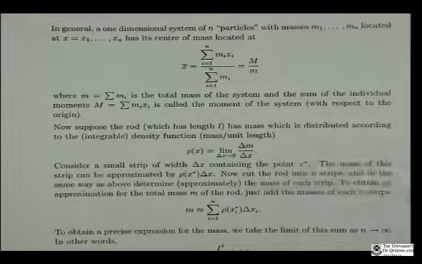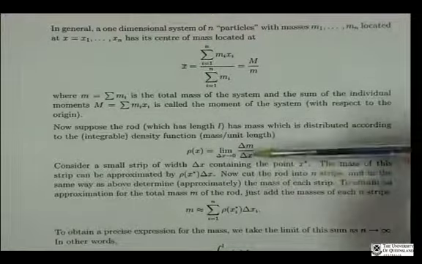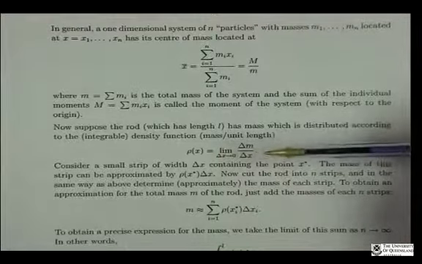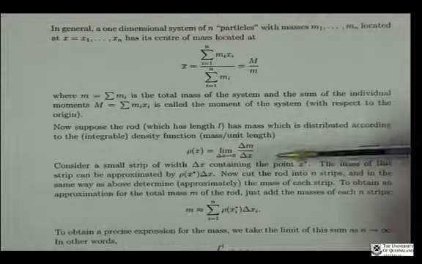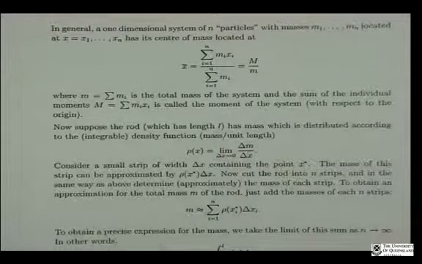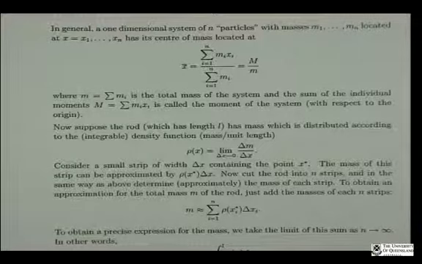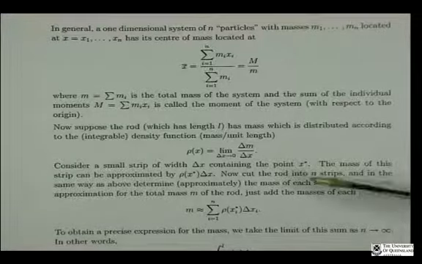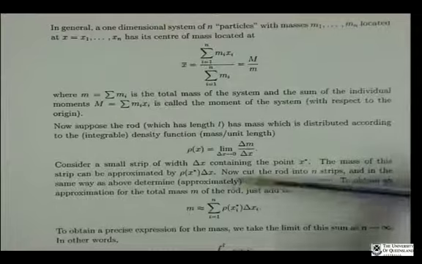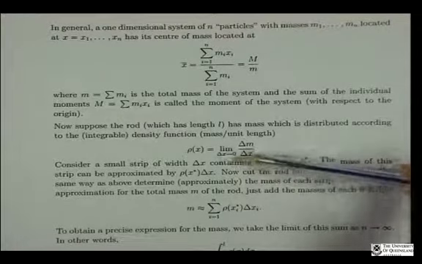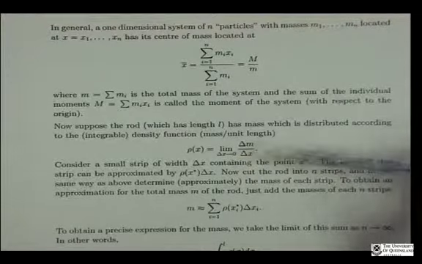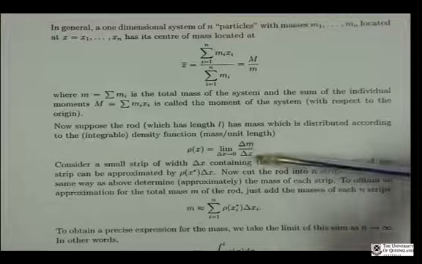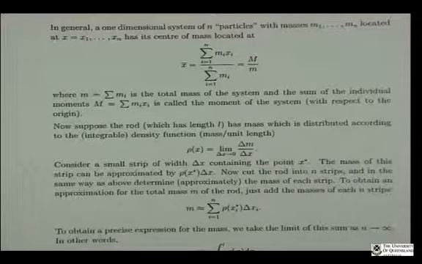Or in other words, you might think, okay, I understand constant density, but in one dimension here it's just the mass divided by the length. But we're not restricting ourselves to objects of constant density in this case. All right, so what that means is we take the limit as delta x goes to 0 of this ratio delta m over delta x, where delta m is the mass of a small strip of width delta x.